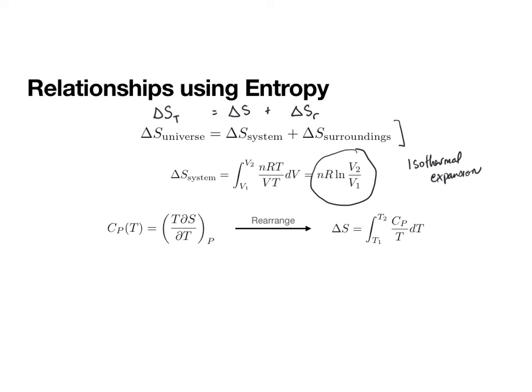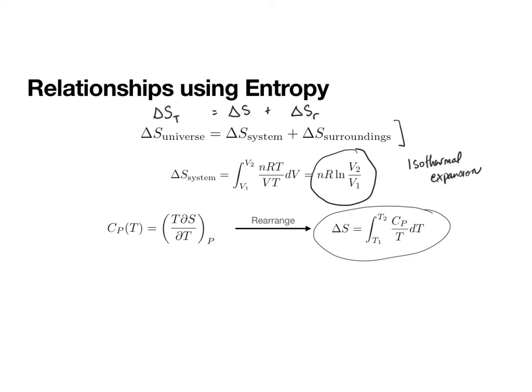And we have already defined that the heat capacity at constant pressure is a function of the partial derivative of entropy with respect to temperature. And so if we rearrange this, we can find that delta S is equal to the integral of Cp over T dT.